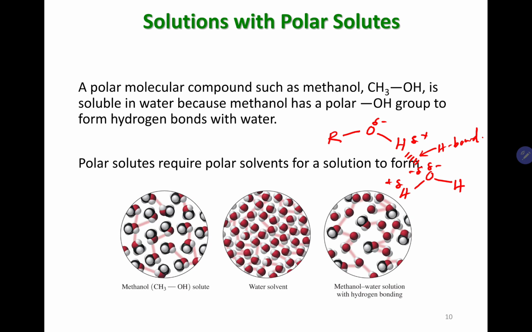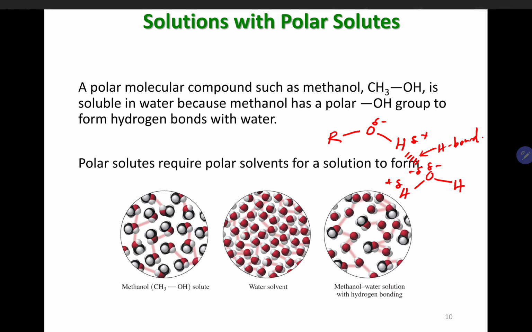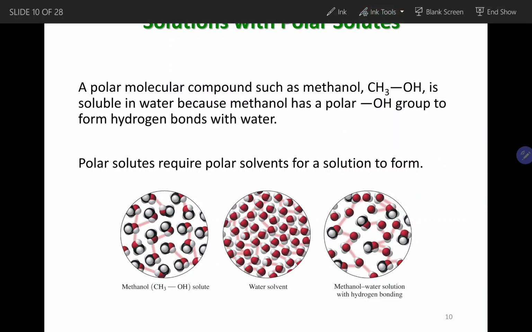That is one of the strongest interactions that you can have, and because of that, they are going to be soluble in water. So when you buy an alcohol bottle, you don't see two layers. Instead, it is just one layer, and it is homogeneously distributed. So that is how it happens, guys.